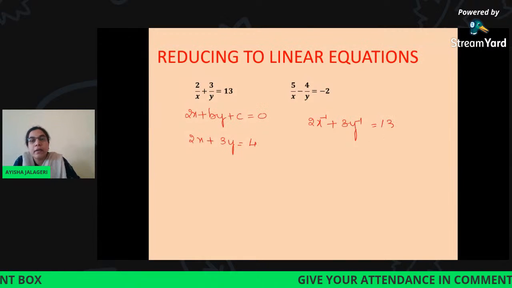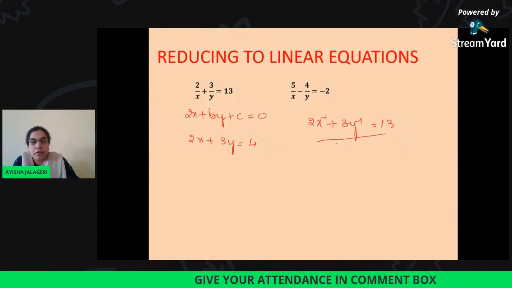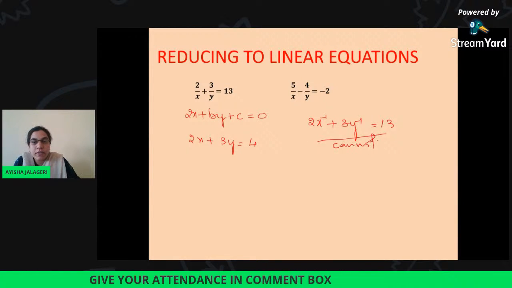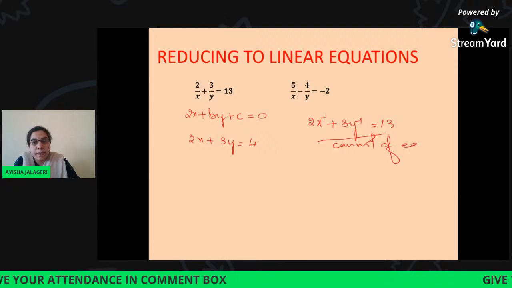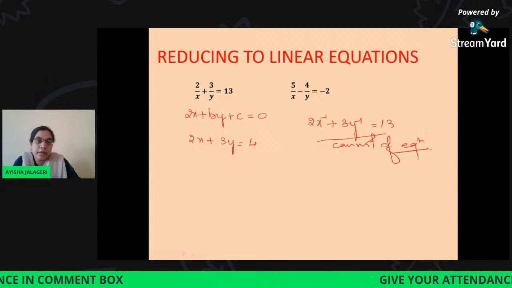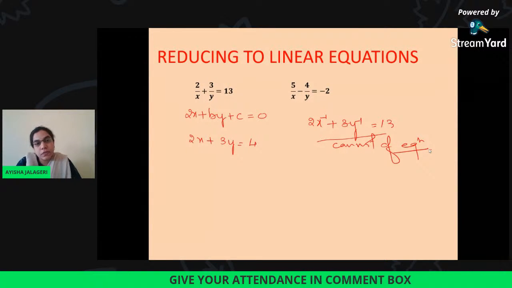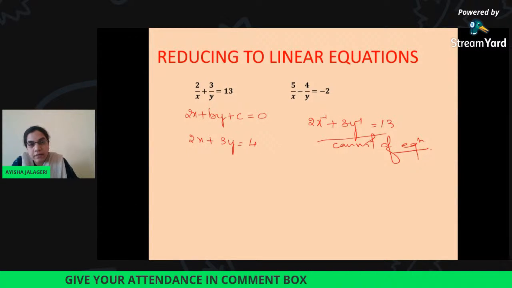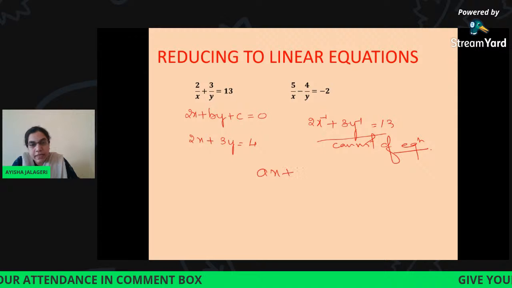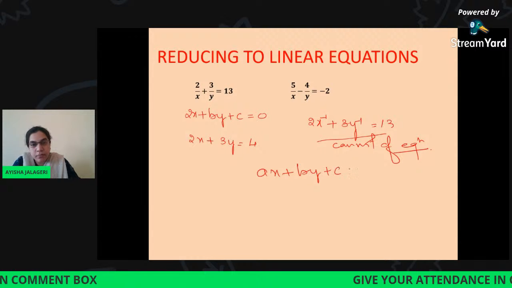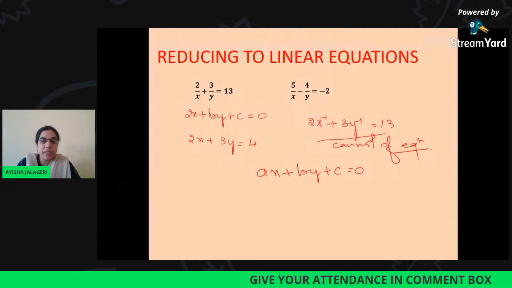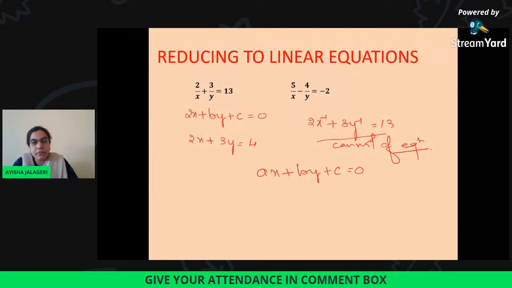At that point, we cannot solve this kind of equation, right? Such types of equations are first reduced to the general form, that is our known form, ax plus by plus c, and then solved for the values of x and y.